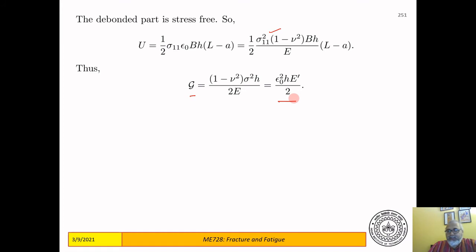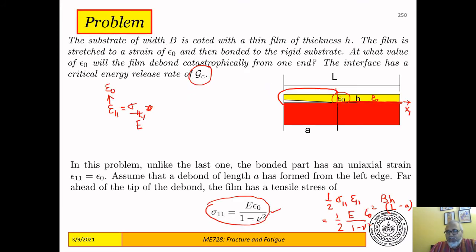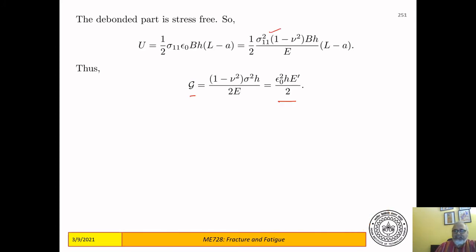Now, the debond will start to propagate catastrophically as soon as G equals GC. So, as soon as this quantity is equal to GC, it's going to propagate, and therefore epsilon naught squared, the epsilon naught squared that it can tolerate before it starts to propagate, is 2 GC divided by E prime H, and therefore epsilon naught is the root of this.